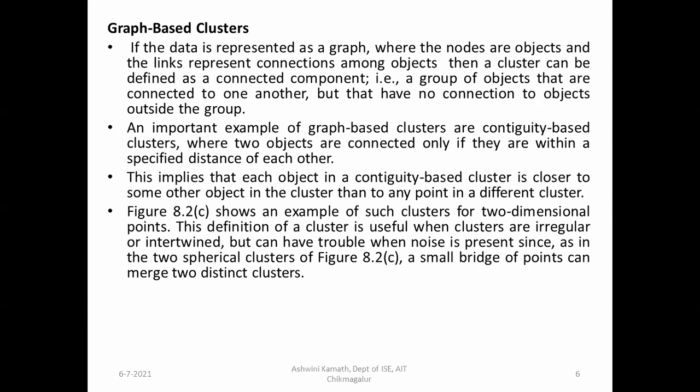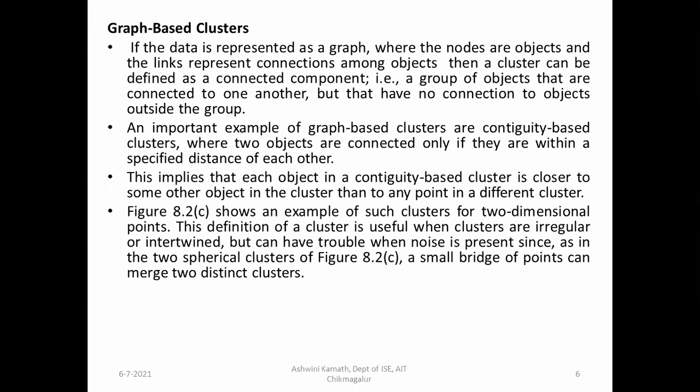Figure 8.2c shows an example of such a cluster for two-dimensional points. This definition of a cluster is useful when clusters are irregular or intertwined, but can have trouble when noise is present. As in the two spherical clusters of figure 8.2c, a small bridge of points can merge two distinct clusters. I'll show you that figure, you will come to know.